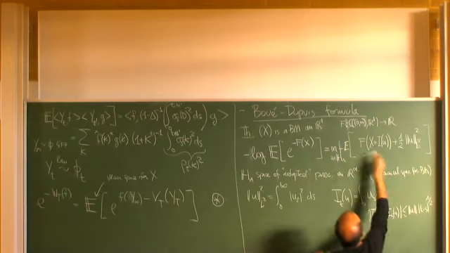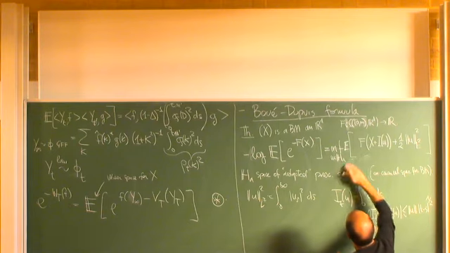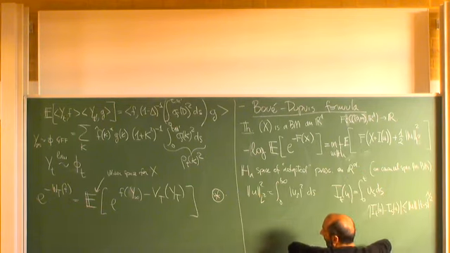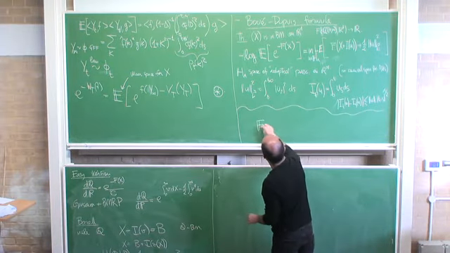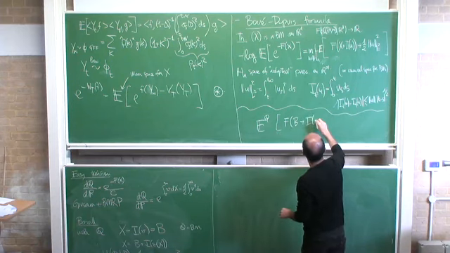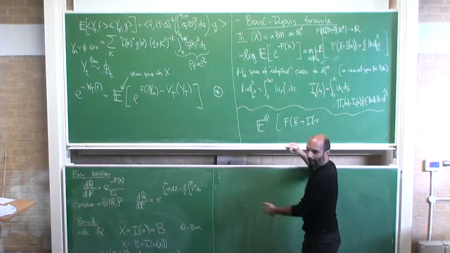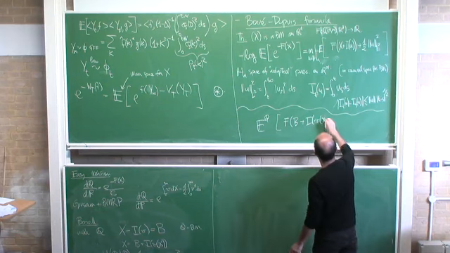Okay, so the easy formula would have here expectation. So the easy formula would look like, expectation under Q of f of v plus I of v. So actually you have v. Okay, so I think it's like this. But v depends on x.